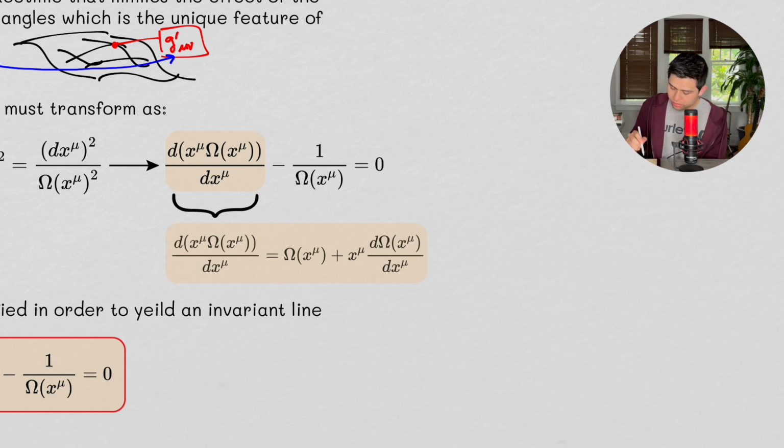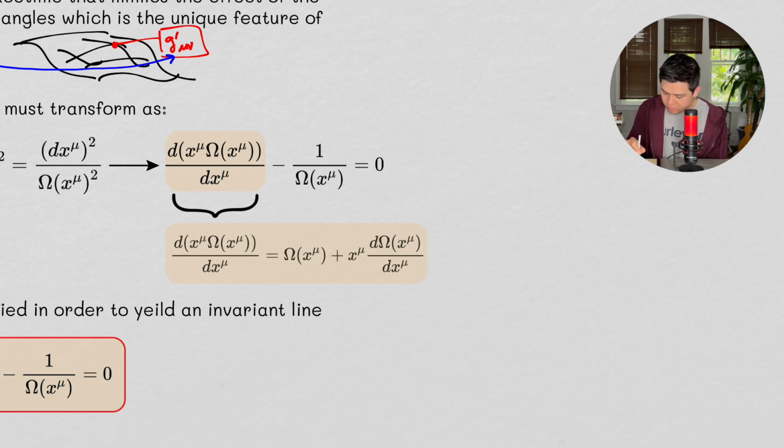The derivative of this expression is just this expression. And why? Well, because this is the product rule, right? We're taking the derivative of this times this, and then the derivative of this times this. So the derivative of this guy times this is this term here. The derivative of this term here times this is this term right here, right?